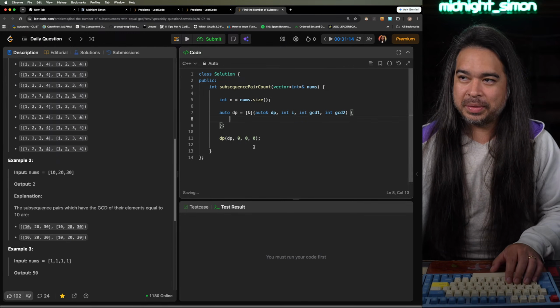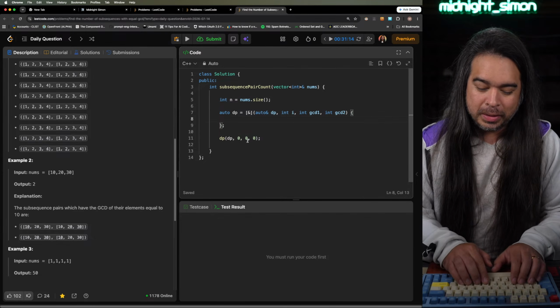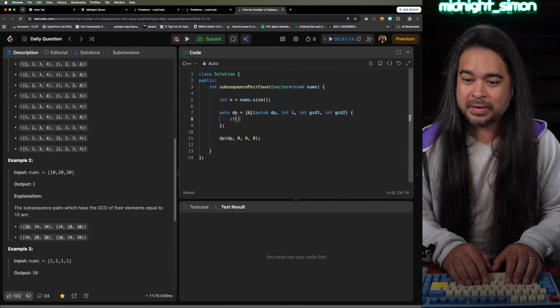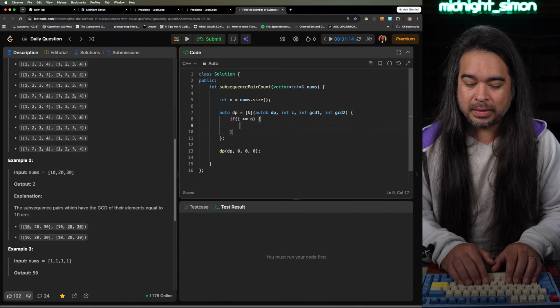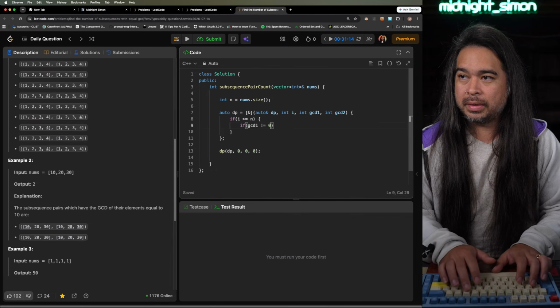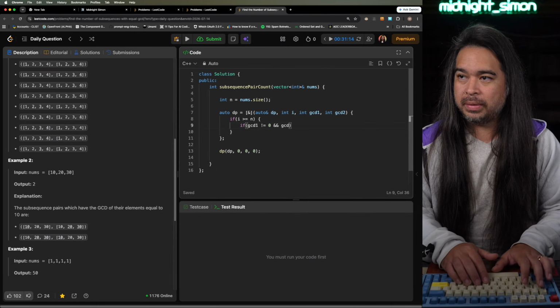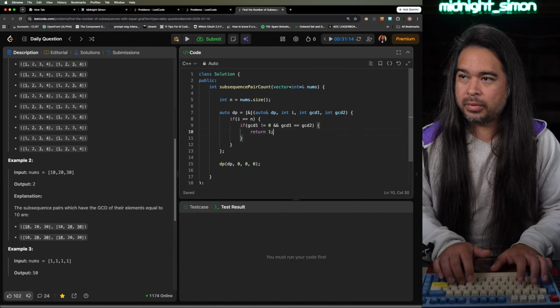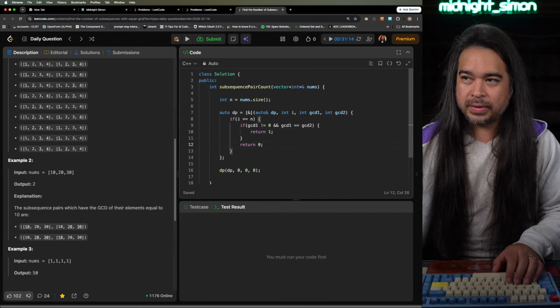Alright, let's try. So if we go out of bounds, then if they're equal, return 1, otherwise return 0.